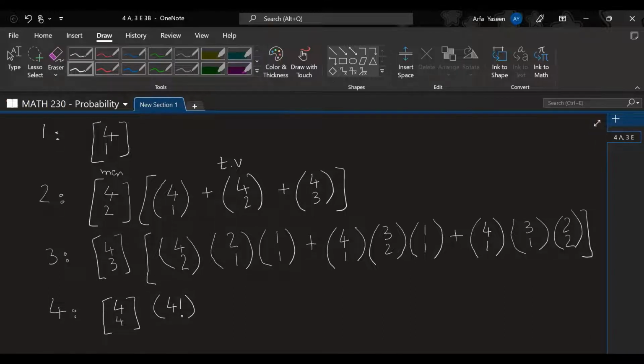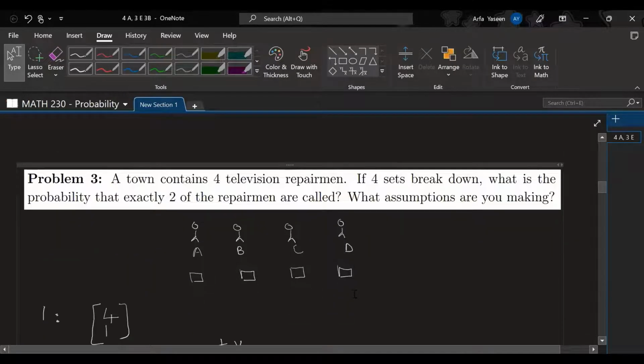What the question has asked us is the probability of selecting exactly 2 repairmen.